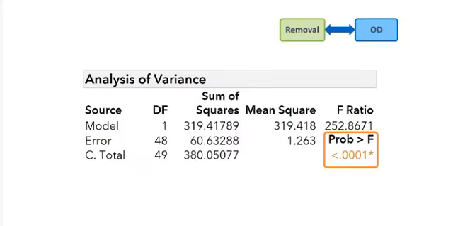In this scenario, you can see that the sum of squares explained by the model, this big value over here, is 319, where the sum of squares of the error here is 1.26, which is very small.